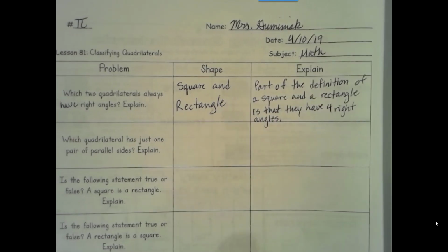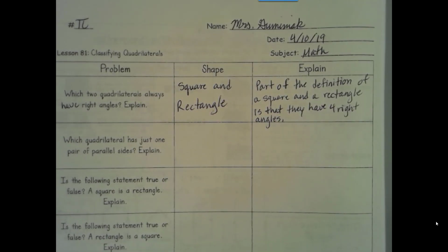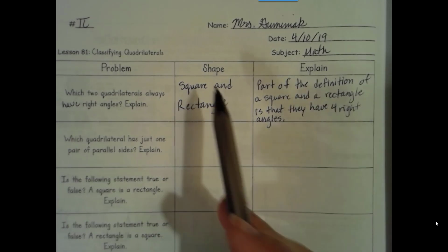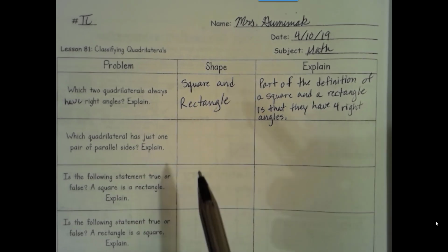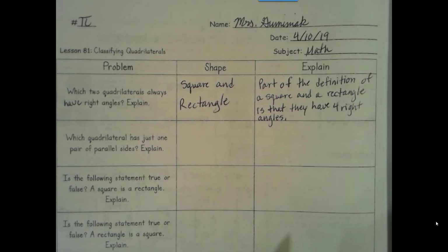That is what makes them special, is that they have four right angles. Squares and rectangles will always have right angles. Otherwise, they're just a parallelogram or just a rhombus.